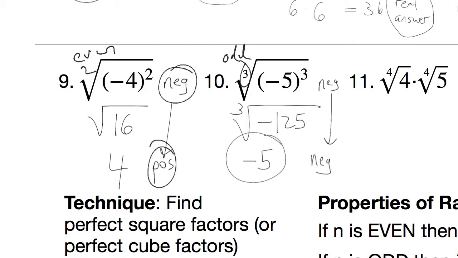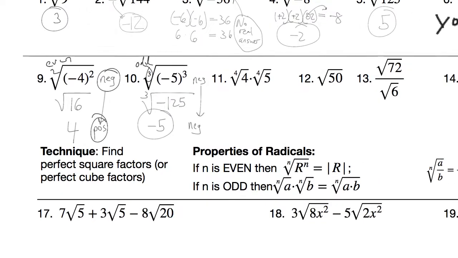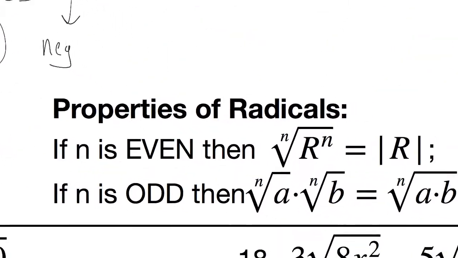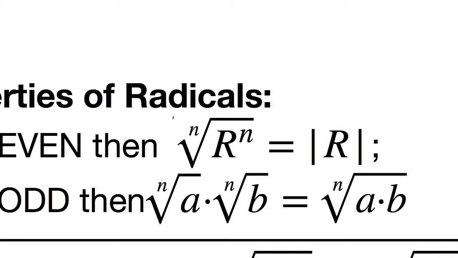So what you can say in general is that if n is even, then this simplifies to really just saying what's the absolute value. Remember, it went from negative to positive. It's very much like just absolute values.